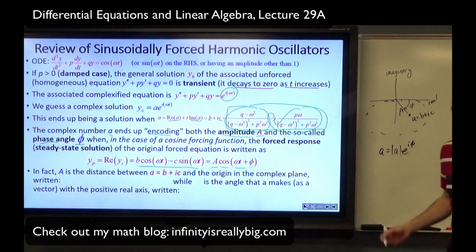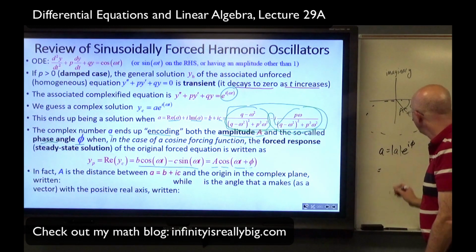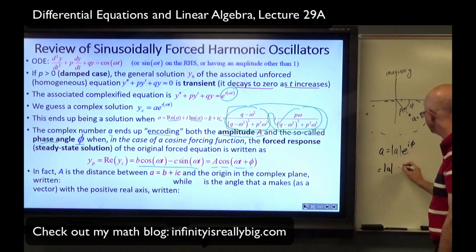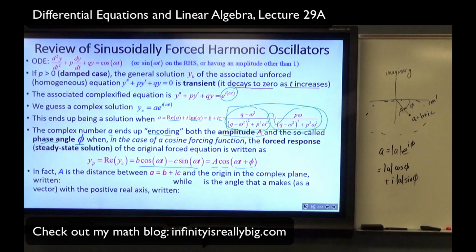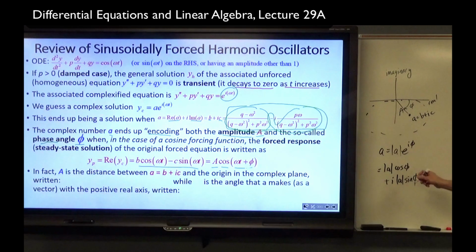Why does this happen? It's essentially polar coordinates. By Euler's identity, this is the same as the absolute value of A, the distance of A from the origin, times cosine of phi, plus I times the absolute value of A, times sine phi. That's Euler's identity, and these then are essentially the polar coordinates of this point.